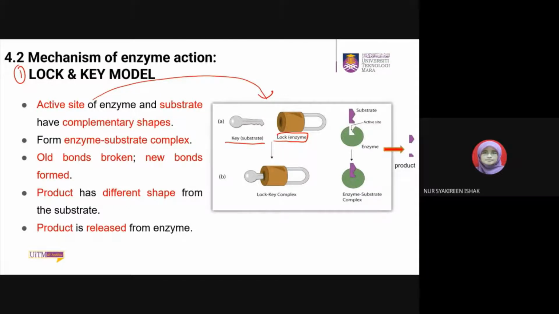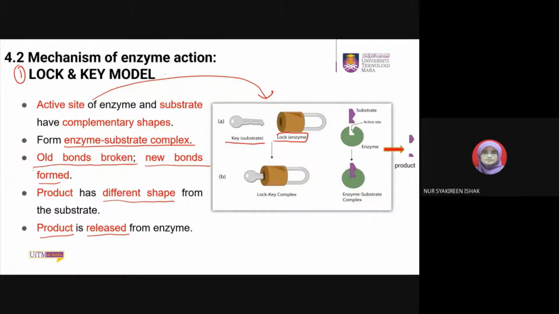As the substrate binds to the active site of the enzyme, it forms the enzyme substrate complex. When it forms the enzyme substrate complex, it reaches the transition state where all bonds are broken and new bonds are formed. Products will be produced, and the product will have a different shape from the substrate. Because the product shape is different, the product will be released from the enzyme.